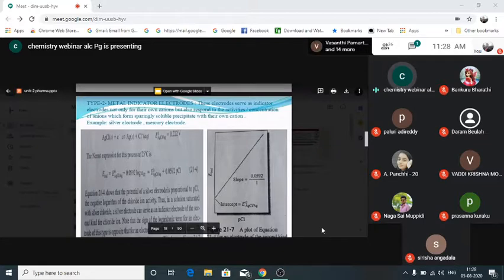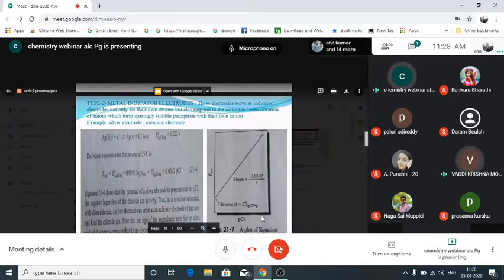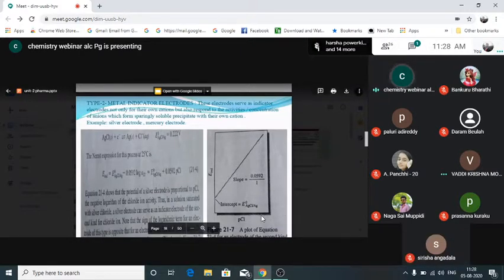Carefully attention, take down the reaction. I hope you all have your running notes beside you. Write down the reaction. First reaction: silver nitrate undergoes dissociation to produce silver ions as well as nitrate ions.